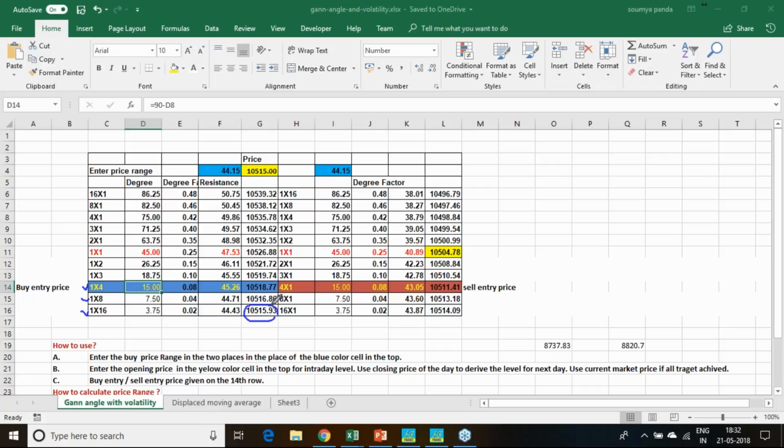Whatever time it has taken for this particular target, the 45 degree target will take 3 times that time, because 15 into 3 is 45. If this has taken 5 minutes, then to achieve this target, if the same demand and supply remains, you can get the target in 15 minutes of your time.